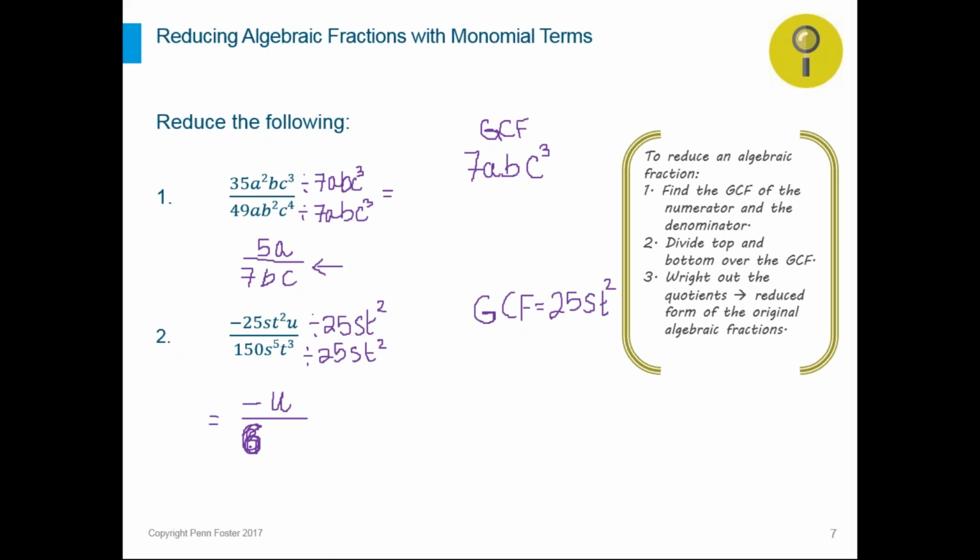That makes sense now. So it's 6. And then s to the 4th, 5 minus 1 is a 4. And then t to the 3rd over t to the 2nd, subtract, so it's going to be t. So your answer, I'm going to rewrite that in a clear way, is negative u over 6s to the 4th t. This is the reduced form.